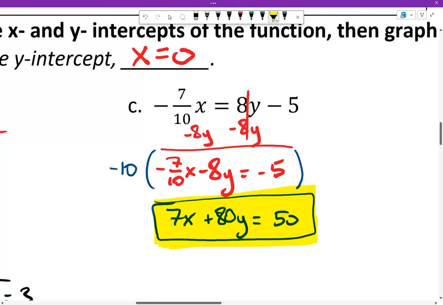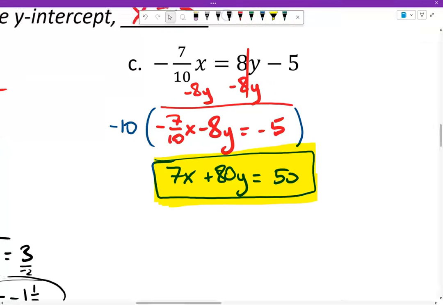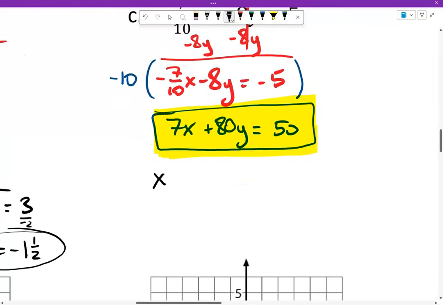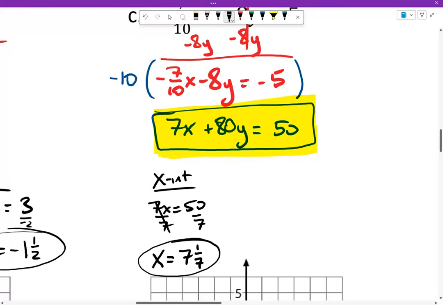Don't let the 80 throw you off. That is correct. Let's find our intercepts. So if y is 0, that means I've got 7x equals 50. Divide by 7. And x equals 50 over 7, or 7 and 1/7. It's a little easier to graph that as a mixed number.